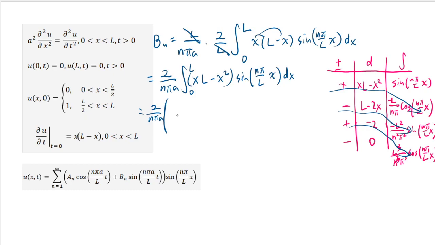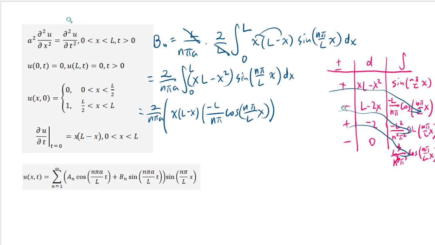And then it will be, let's see, x times L minus x. Let's rewrite xL minus x squared as x times (L minus x), and you'll see the reason why a little bit later. It's times negative L over n pi cosine n pi over L x.